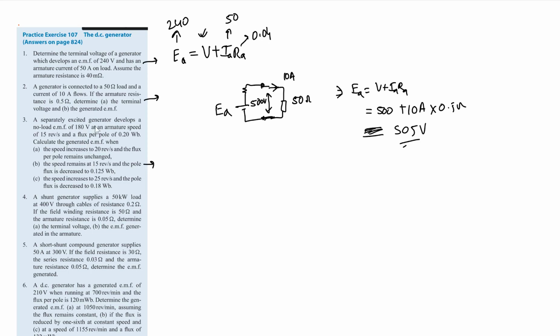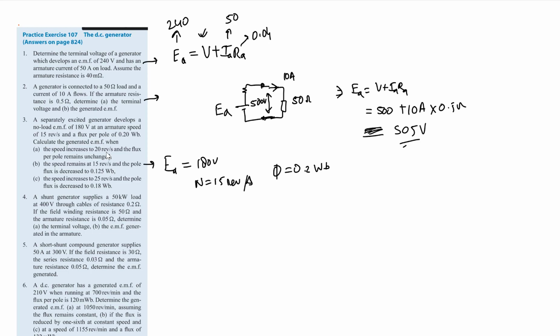Now see question number 3. A separately excited generator develops a no load EMF EA of 180 volt at an armature speed of 15 revolution per second, and flux per pole phi is given as 0.2 Weber.